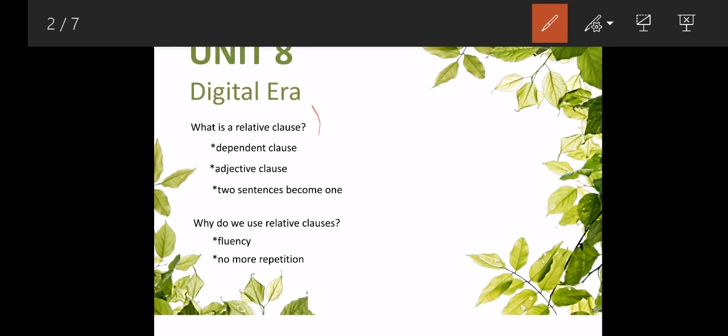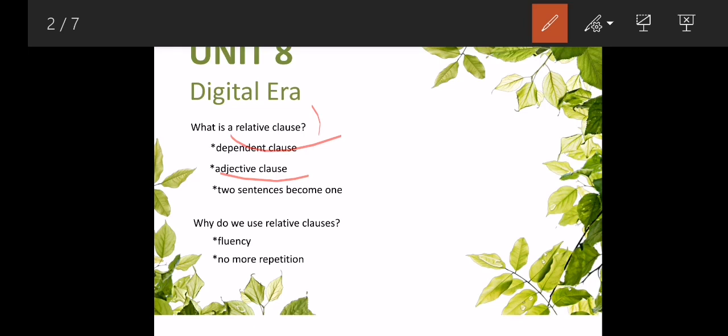A relative clause is one kind of dependent clause. It has a subject and verb, but it can't stand as a whole sentence. It's sometimes called an adjective clause. Relative clause or adjective clause, they have the same meaning.